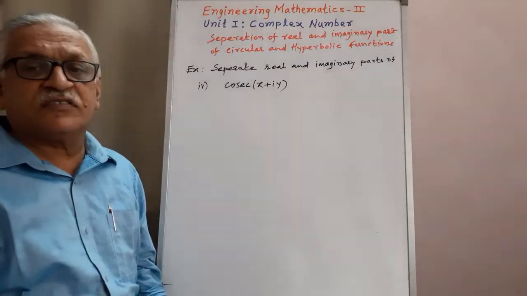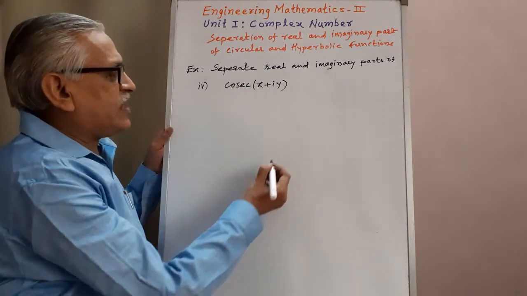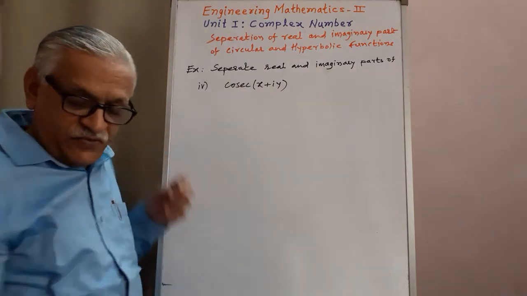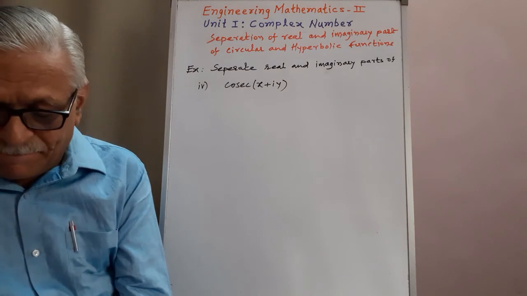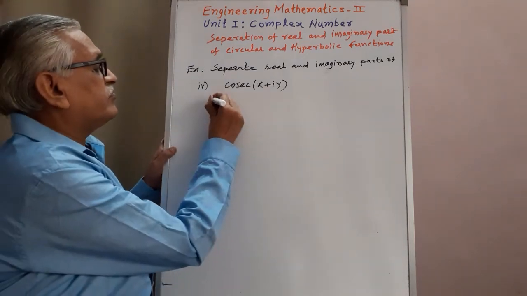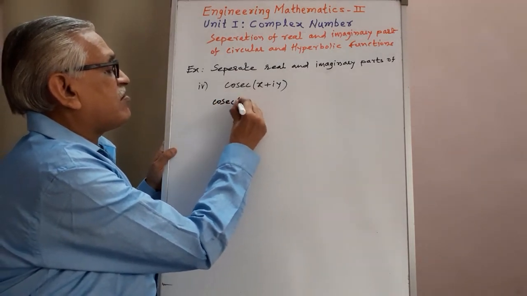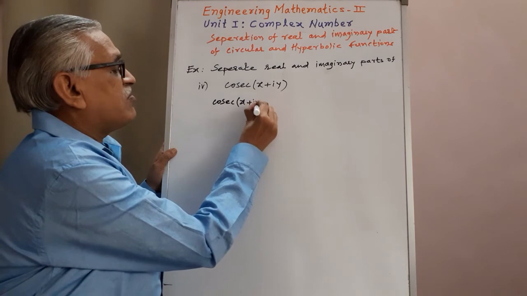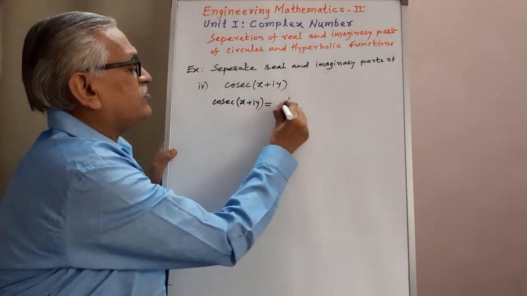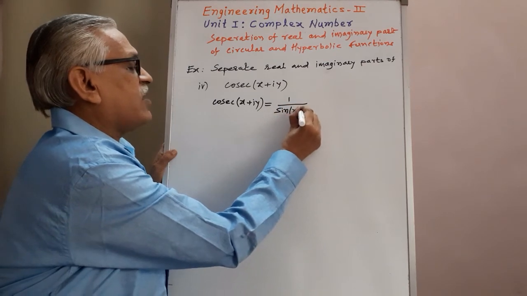Fourth example, separate into real and imaginary parts of cosec of x plus iy. Therefore, this given cosec x plus iy we can rewrite as 1 upon sine of x plus iy.